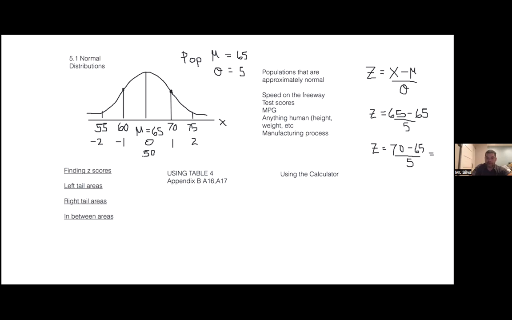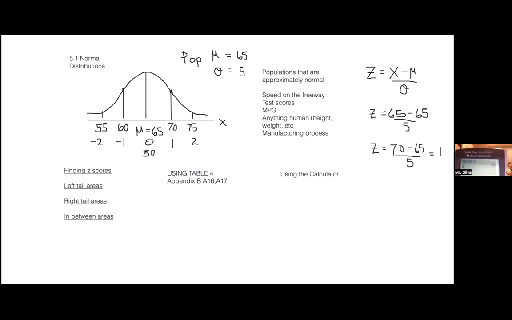Okay, now one point of emphasis, make sure you're careful. If you just punch this in your calculator, if you press on your calculator right now, you're going to press 70 minus 65 divided by 5. I got 57. Okay, what did the calculator do? The calculator did division first.